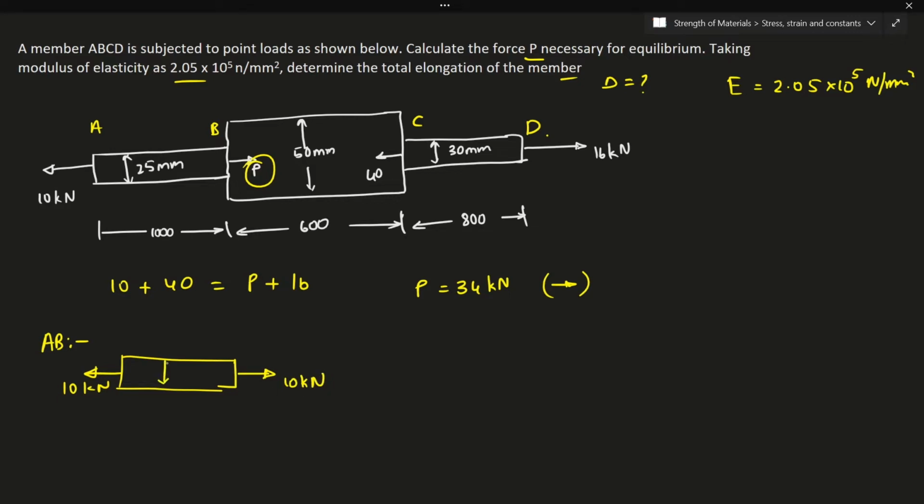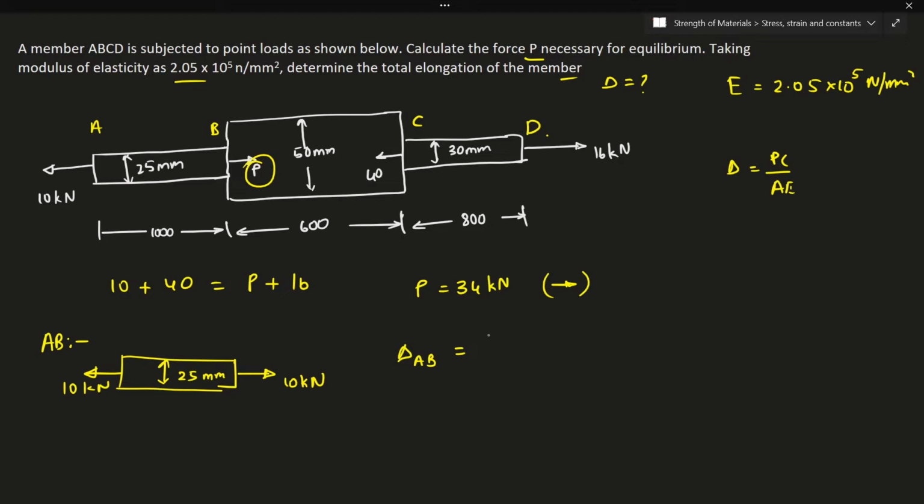Right, so the diameter of this particular body is 25 mm. So here delta AB will be given by PL by AE. I'll simply not write this formula every time.